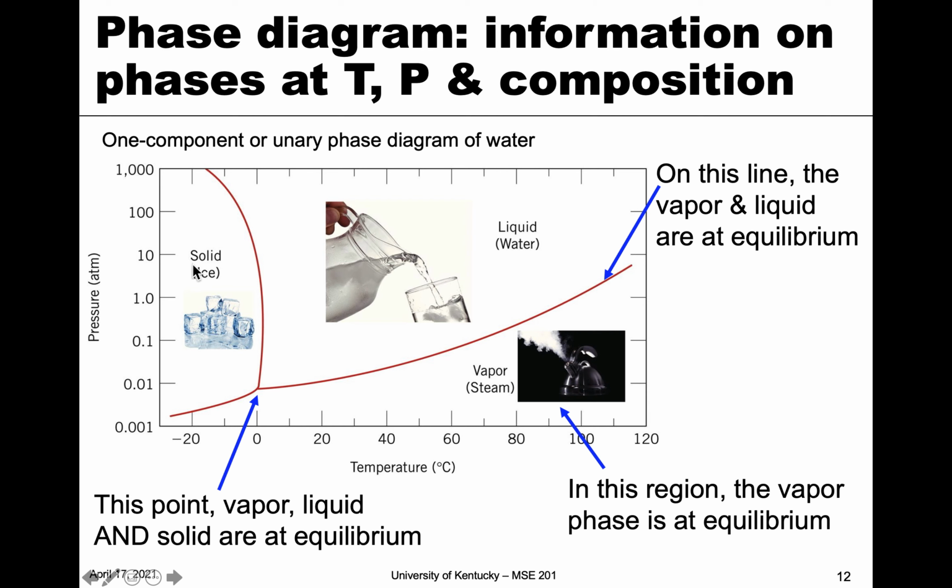That doesn't mean that solid ice can't exist. It just means that it's not at equilibrium. If you wait long enough, that ice becomes liquid. So when we talk about equilibrium, we're typically talking about allowing things to come to their steady state or resting position. That's what we're looking at with this type of diagram.